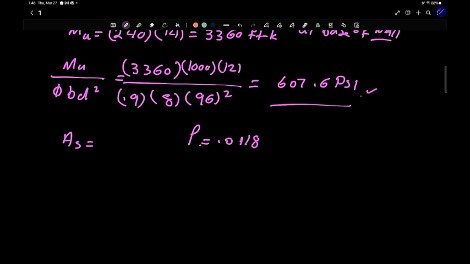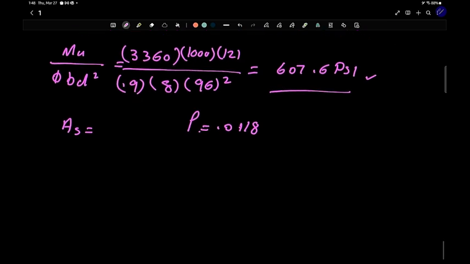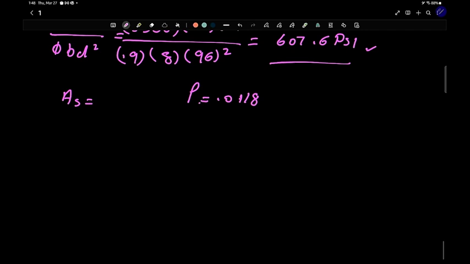A lot of designers have this. Second way, you can use minimum As equal to 0.002 times the gross cross-sectional area, which you have to come up with from there, doing some trial and error. The third one, which I'm going to use, we used in class before and it worked out well, is As equal to Mu divided by 4d.